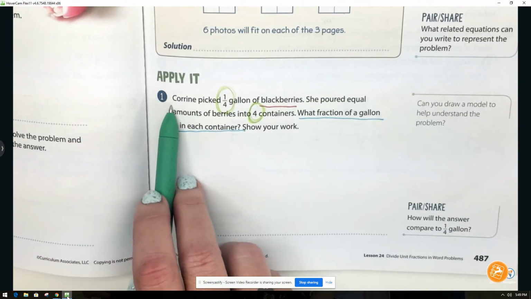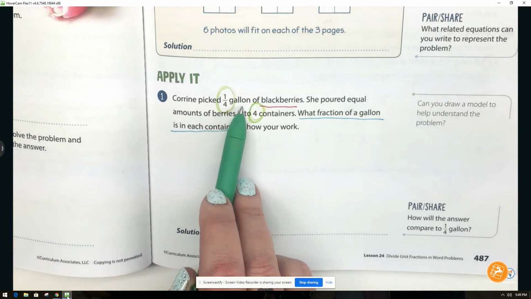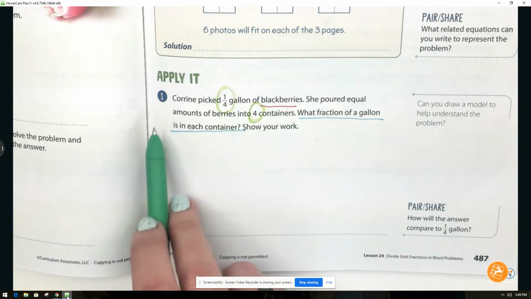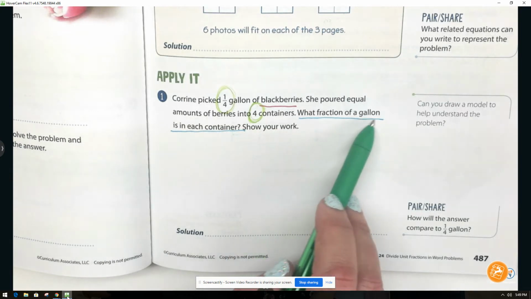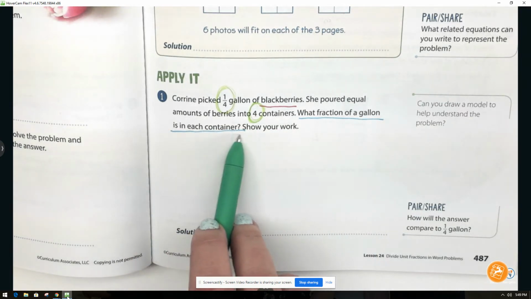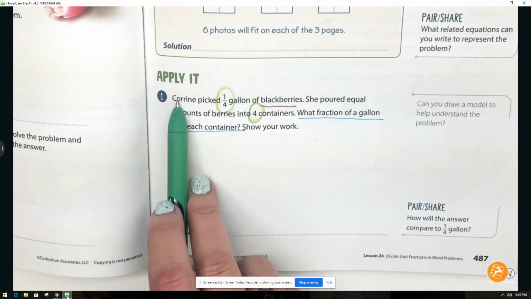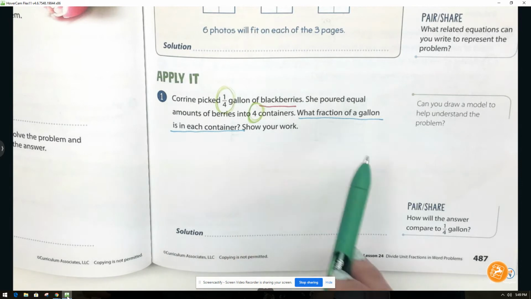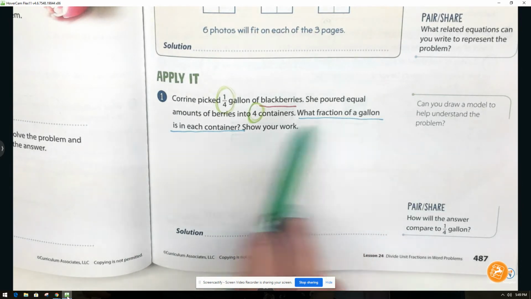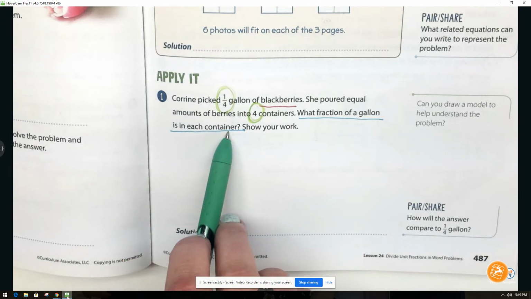And number 1 says this: Corinne picked 1/4 gallon of blackberries. She poured equal amounts of berries into 4 containers. What fraction of a gallon is in each container? Show your work. So first of all, this problem is talking about blackberries, and we want to know what fraction of a gallon is in each container.